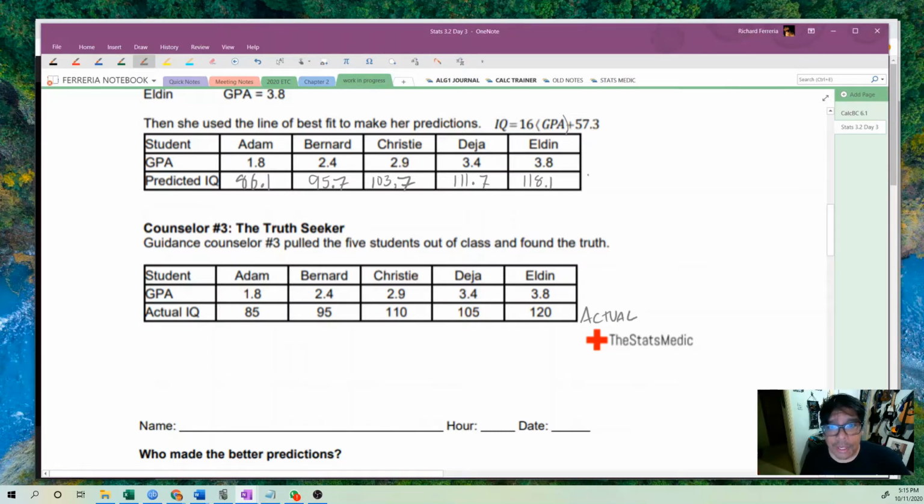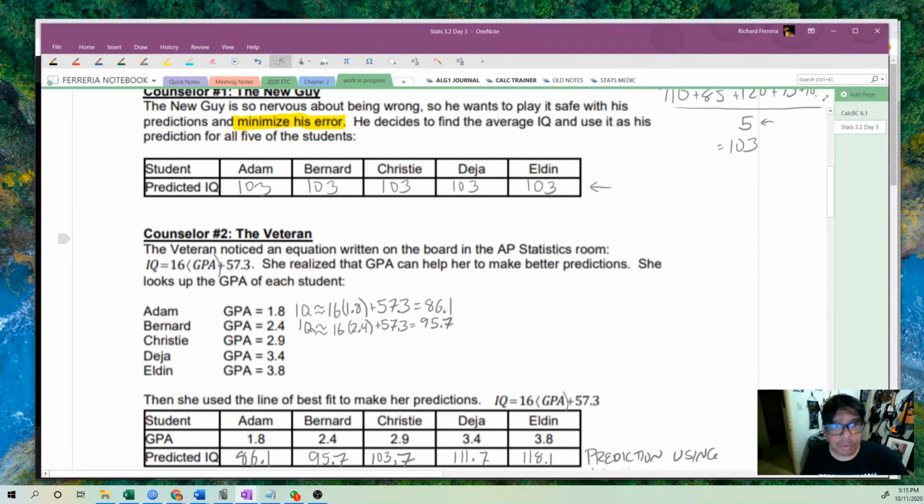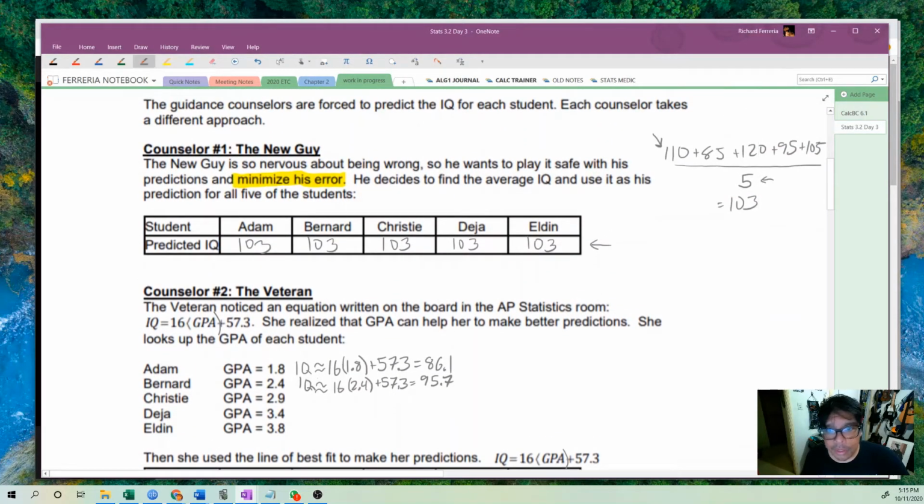And this is a prediction using the LSRL. And this one over here, this is a prediction using y bar, which would be the average IQ.